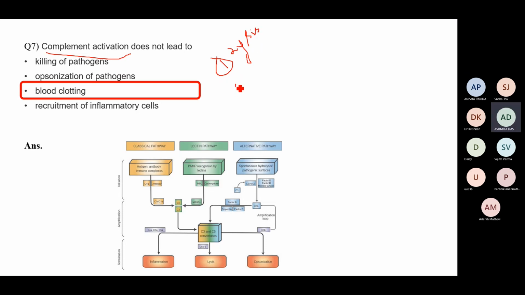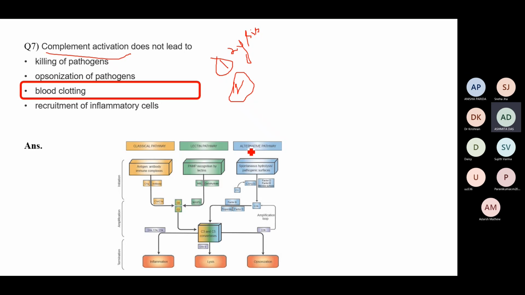The second one is generation of inflammatory mediators, or recruitment of the inflammatory cells. The third one is opsonization, that is the enhancement of phagocytosis. Now, there are basically three pathways. One is the classical pathway, one is the lectin pathway, and another one is the alternative pathway.